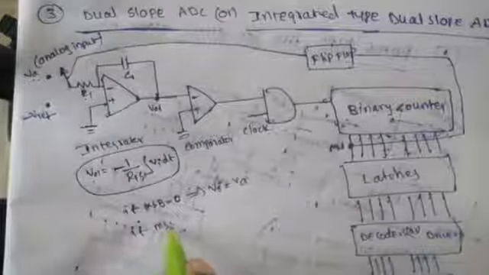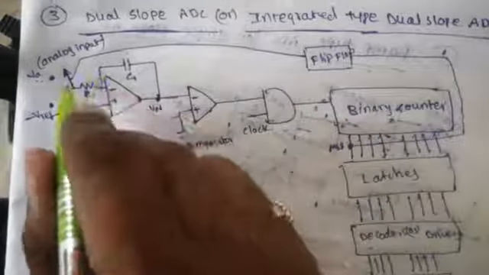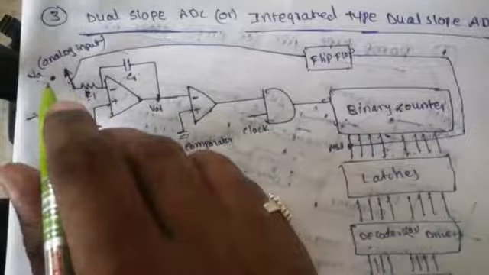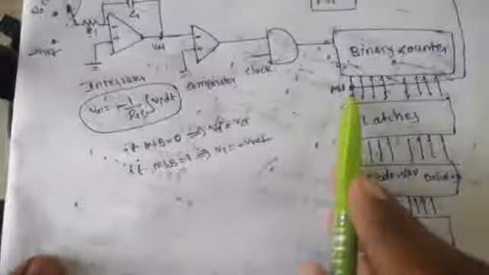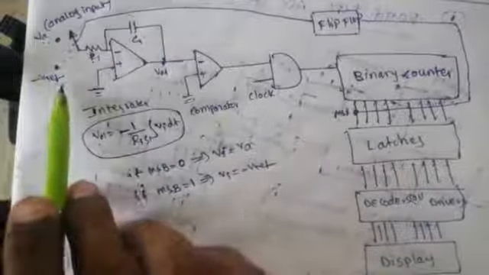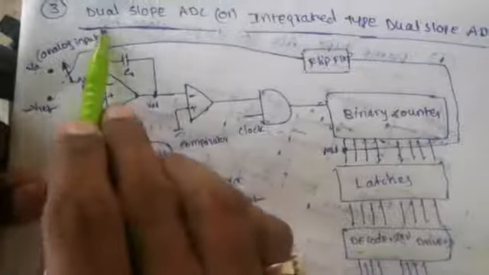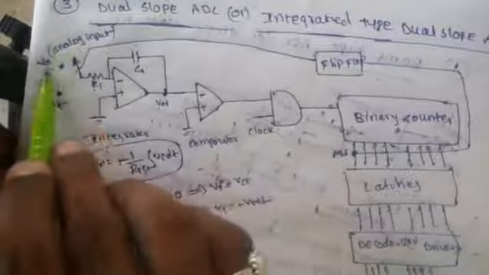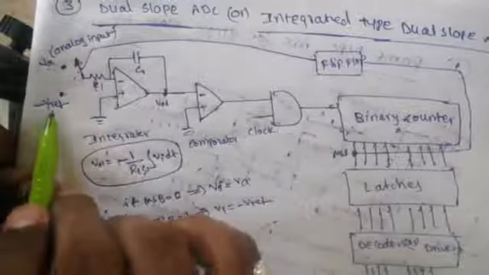If the MSB bit value is 1, then the switch will be disconnected from the analog input voltage and connected to the reference voltage, meaning the input voltage is equal to minus V reference. So based on that MSB bit, the input voltage will be either the analog input voltage or the reference voltage. That's why dual slope means one is a positive analog input voltage, another one is a negative reference voltage.